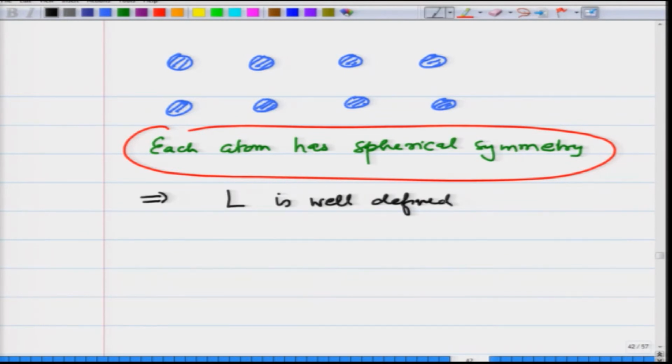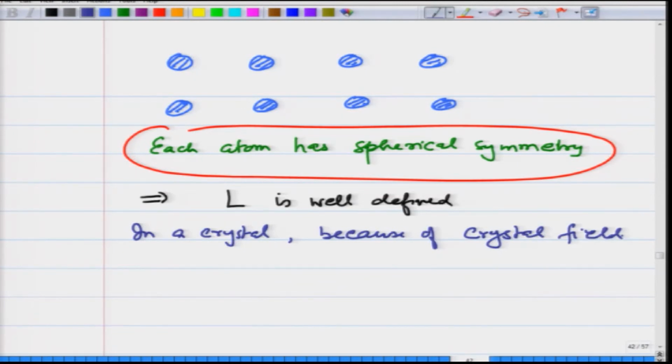However, in a crystal, the crystal field may be so strong that spherical symmetry is broken, right. So, in a crystal, because of crystal field, and that arises basically because atoms are affecting the field of each one of them, L does not remain a good quantum number.